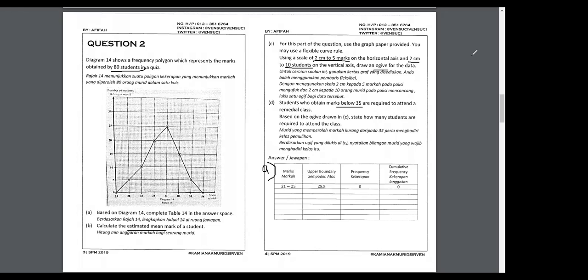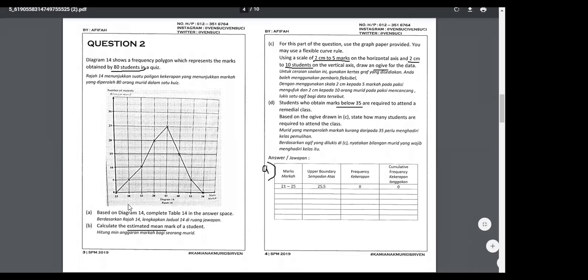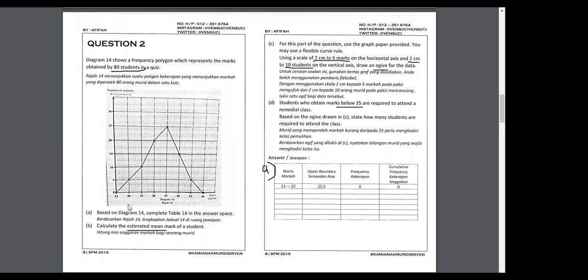Frequency is the same: 0, 5, 10, 20, 25, 15, 5, 0. Then you just obtain it from the polygon. Cumulative frequency, just add together. Just remember, if you didn't get 80, you must calculate again from the frequency and find out where the problem is.